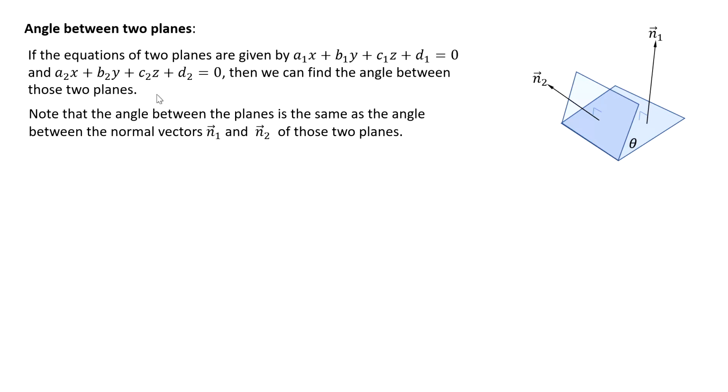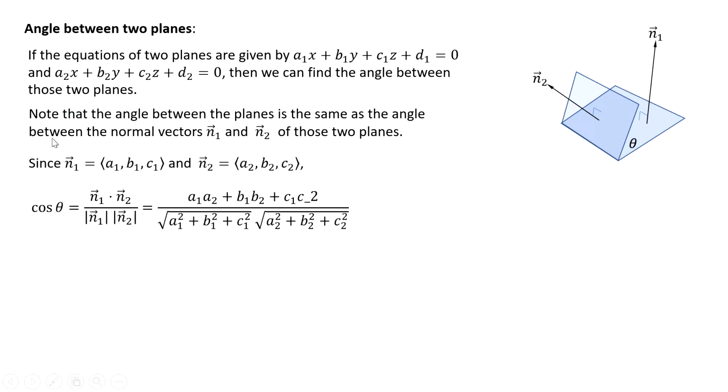So if we know two vectors n1 and n2, and we take the dot product of those two and divide by the magnitude of n1 times magnitude of n2, we get cosine theta. And from that you can figure out the angle between the two planes. Cool? So that's the next concept.